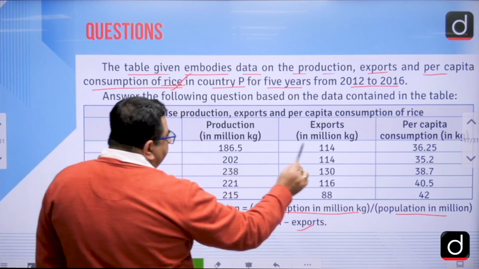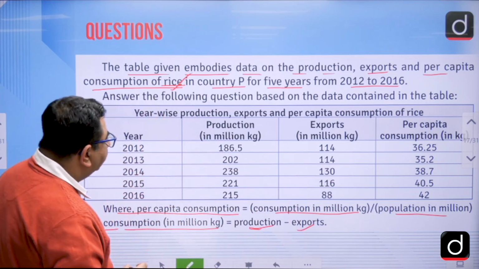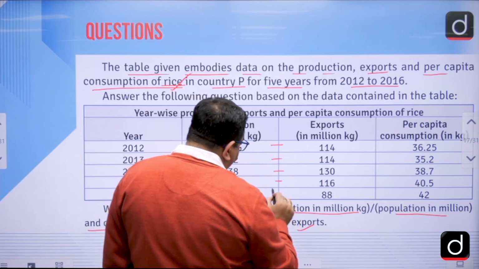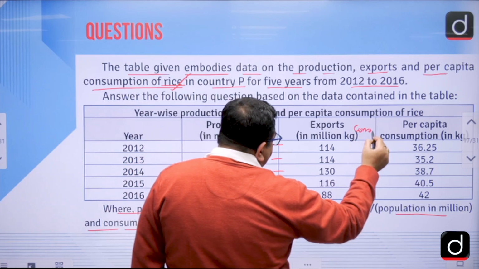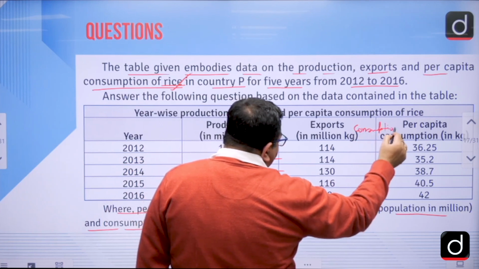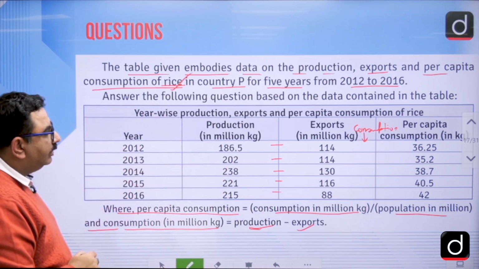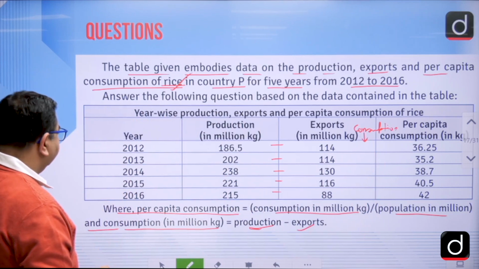So if I subtract these two, I can find consumption here. I can write this data here if it is needed in any of the questions. Now let's see the next question.